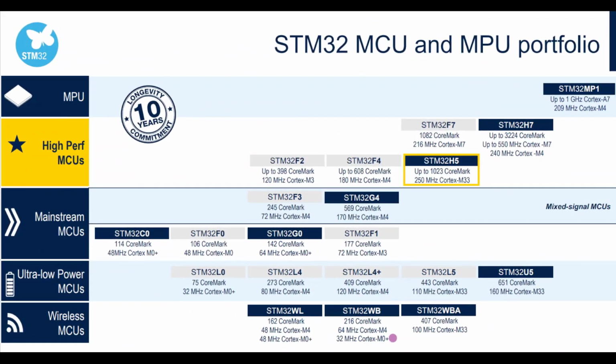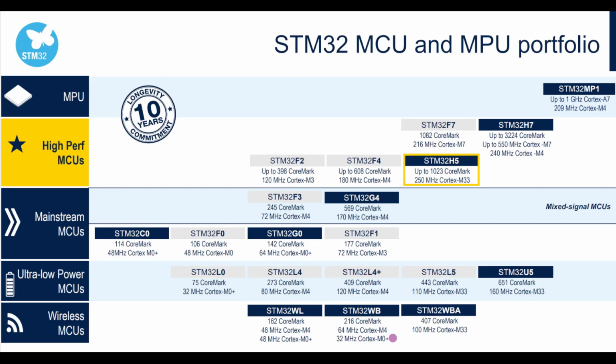Here we see microcontrollers from ST, the various families. The ones in darker blue are the selected or preferred versions, and the ones in gray are still available and still with 10 years longevity, but I would try to avoid those.